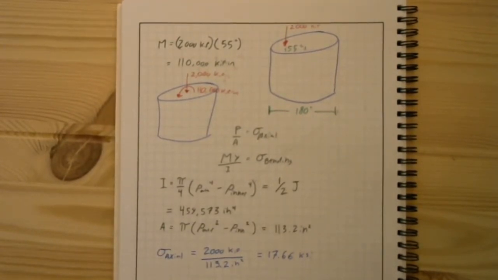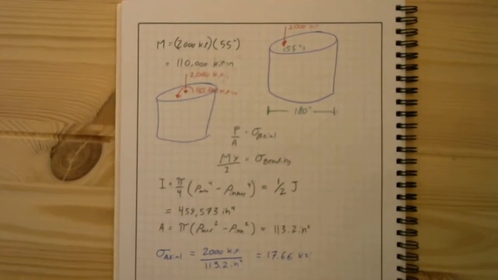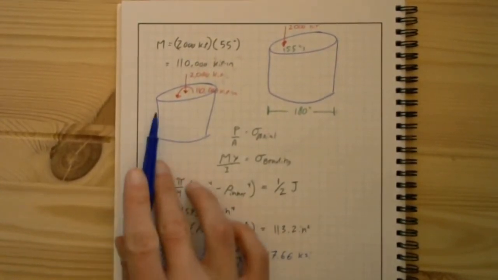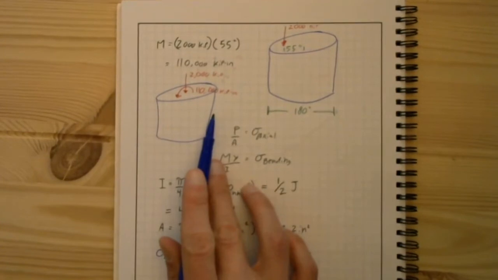So our maximum, and I guess we could put negative signs in front of that axial if we want, and then plus or minus in front of the bending, because over here it's compressive and over here it's tension.